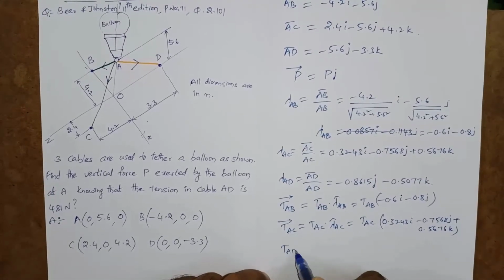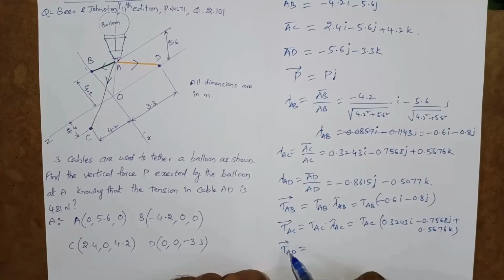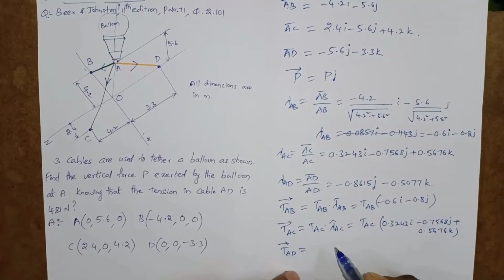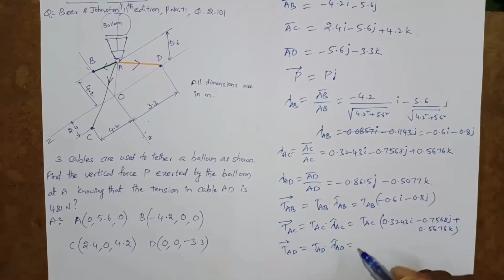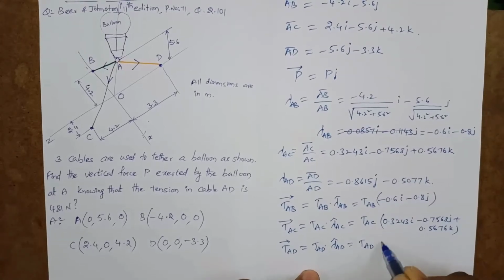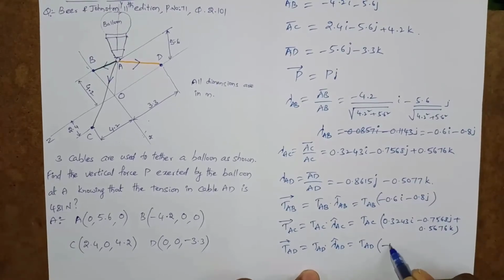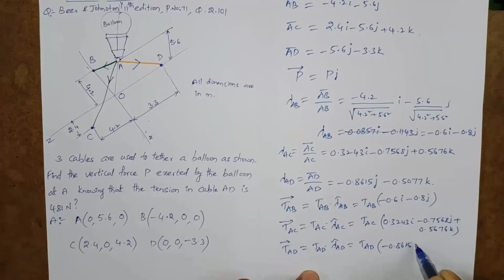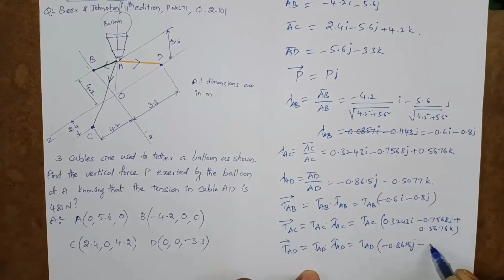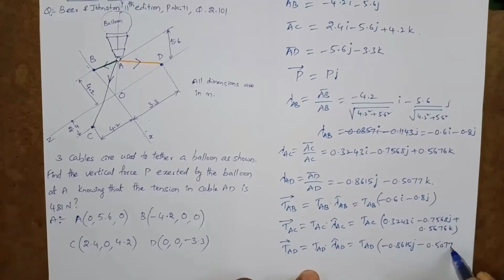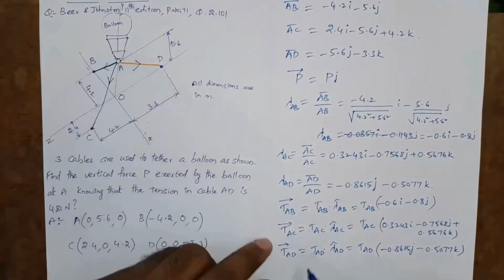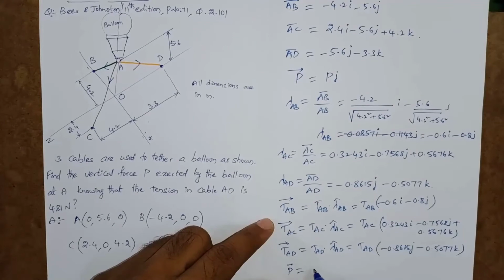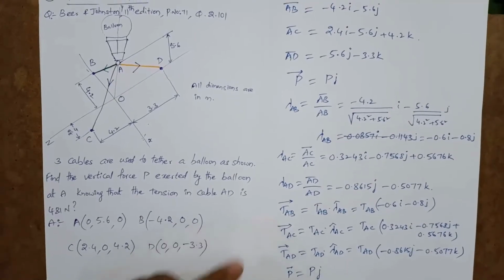Similarly, we can represent the tension in cable AD in vector form, TAD bar, with magnitude TAD and unit vector lambda AD, so that is TAD times minus 0.8615 j cap minus 0.5077 k cap. Already we have taken the vertical force P bar as P j.